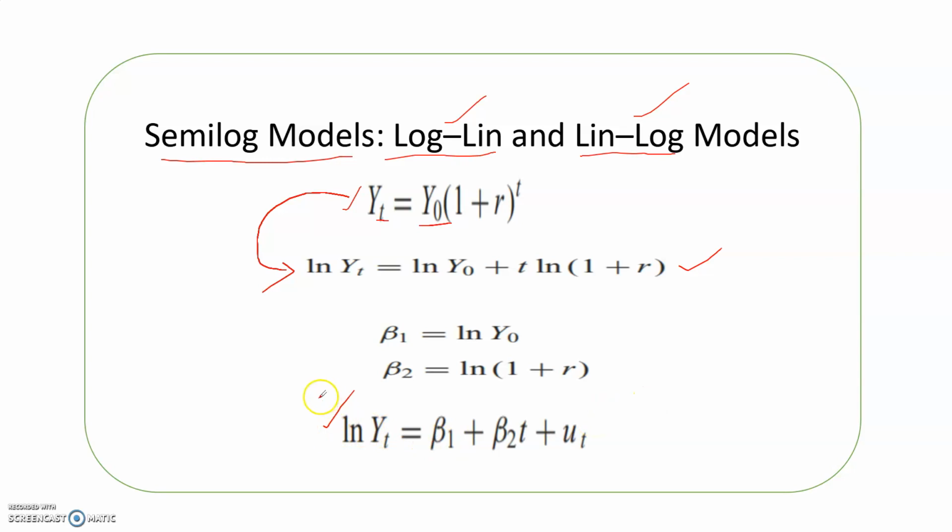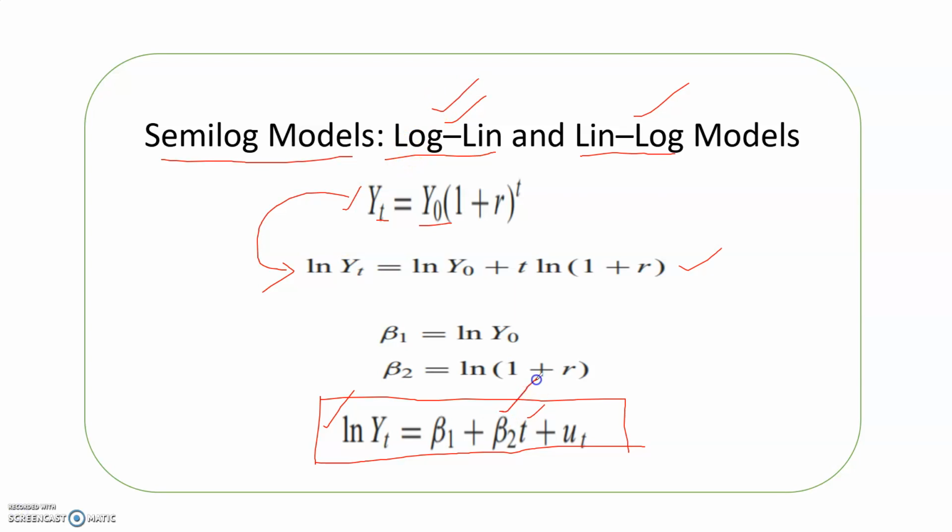Now if we look at this model, our dependent variable, yt, is in log form, but our independent variable, t, is not. So it is a case of the log lin model.